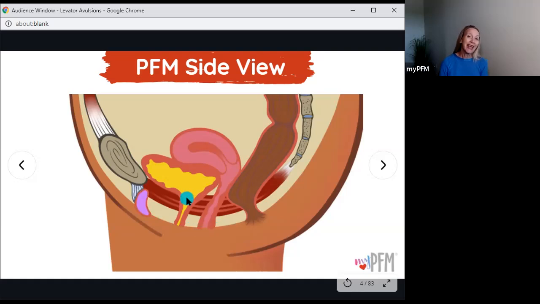You have several layers of pelvic floor muscles, and multiple muscles make up each layer. Your deepest layer of muscles is called your levator ani group, okay? And that's where the term Levator avulsions came from, because it's affecting that deep layer of pelvic floor muscles.